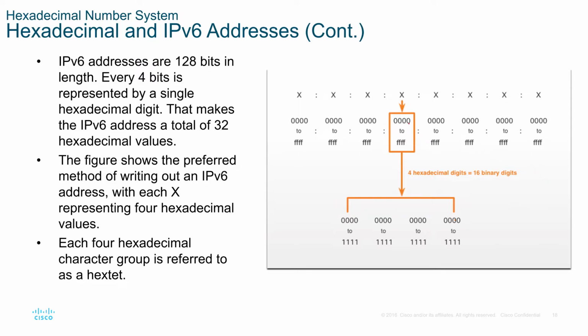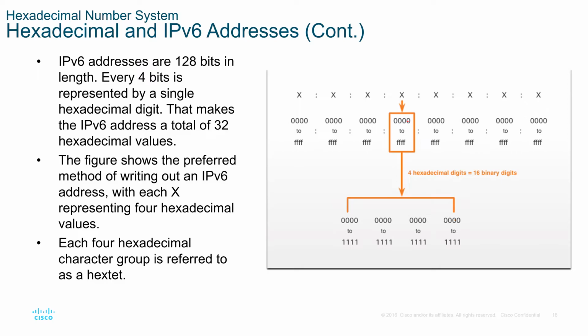We see here an IPv6 address is comprised of 128 bits in length. Every 4 bits represents a single hexadecimal digit. So if we divided 128 by 4, we would get 32 hexadecimal digits in an IPv6 address.